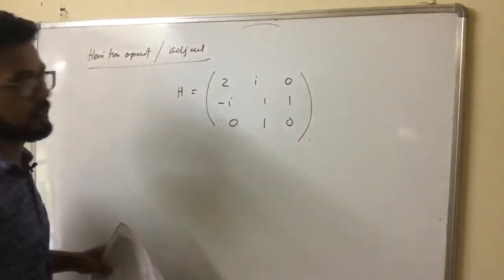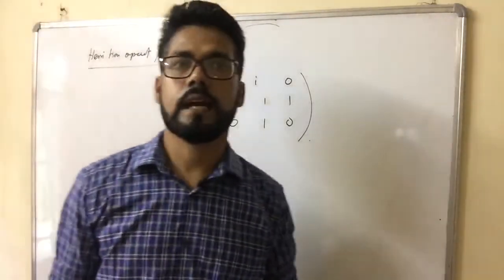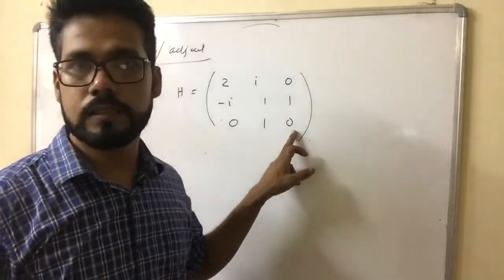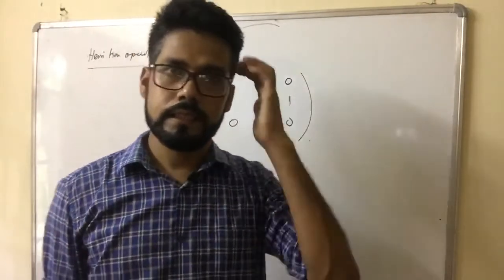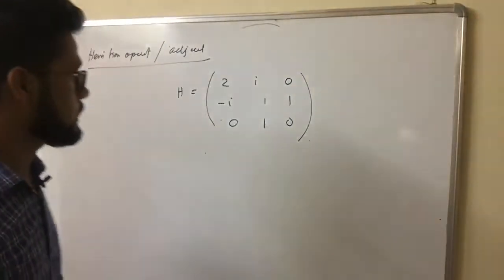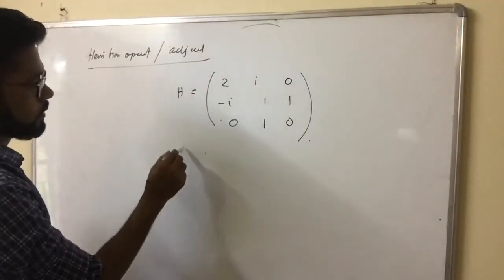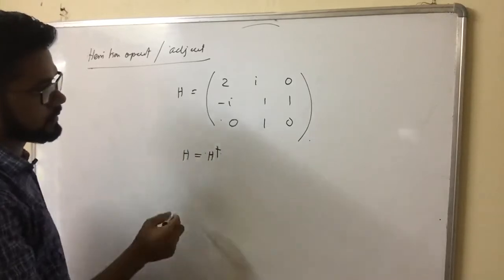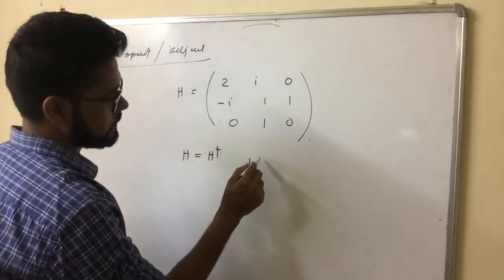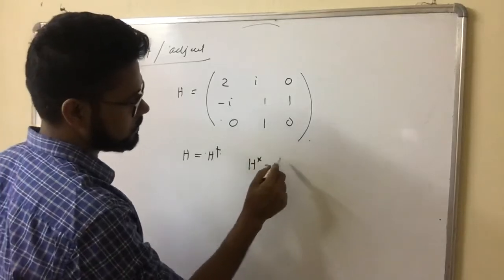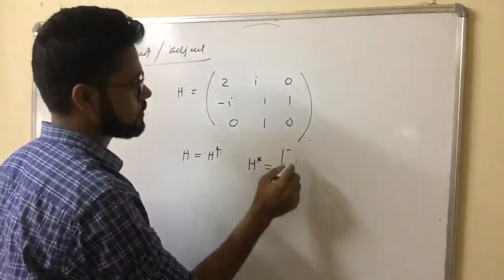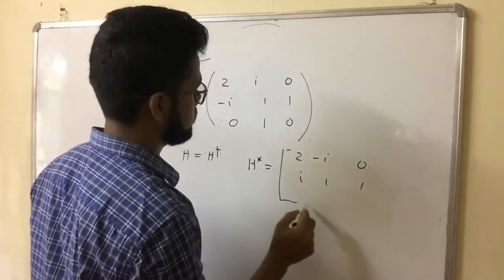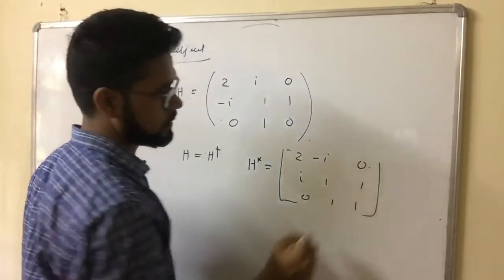I have to ensure whether this matrix is Hermitian or not. You can test it. Diagonal element must be real. Is it okay? This is already okay. Second, according to the Hermitian condition, A is equal to A dagger. Dagger means you take the complex conjugation of the matrix. Complex conjugation will be 2, minus i, 0; i, 1, 1; 0, 1, 0. It is complex conjugation. Okay.